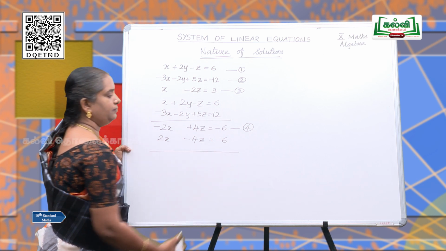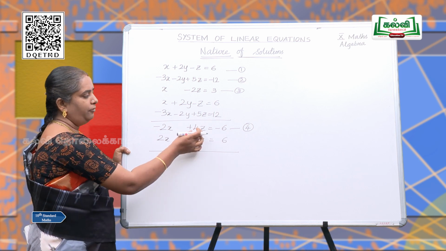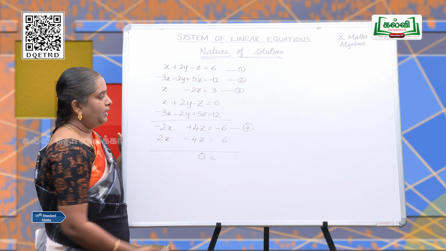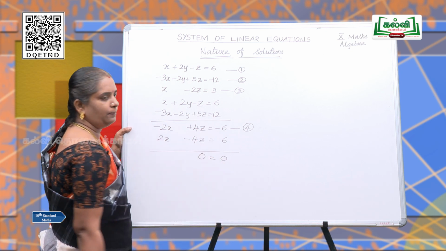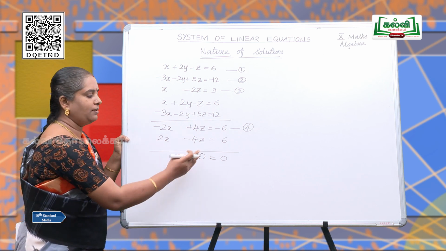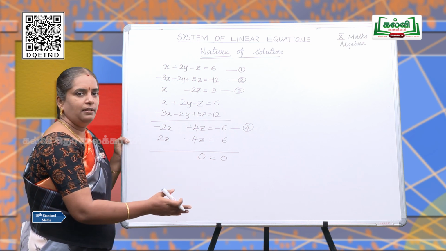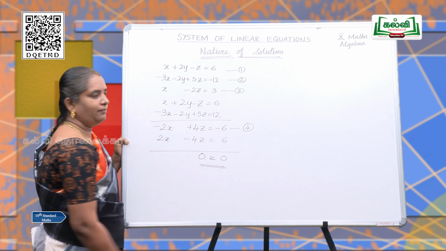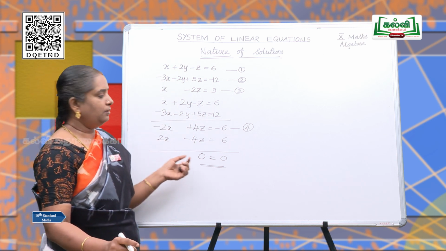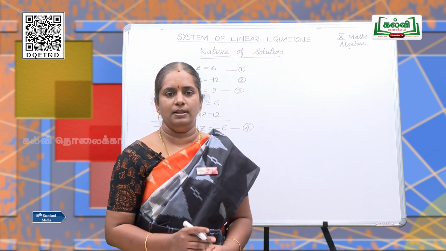Adding these two, we get minus 2x plus 2x as 0, 4z minus 4z as 0, and minus 6 plus 6 is 0. So we have got an identity, which is 0 equal to 0. This identity means we have to stop here and say that this system has many solutions. So this system of equations has infinitely many solutions is our answer.